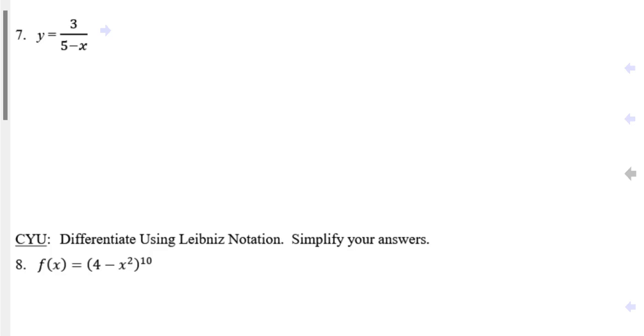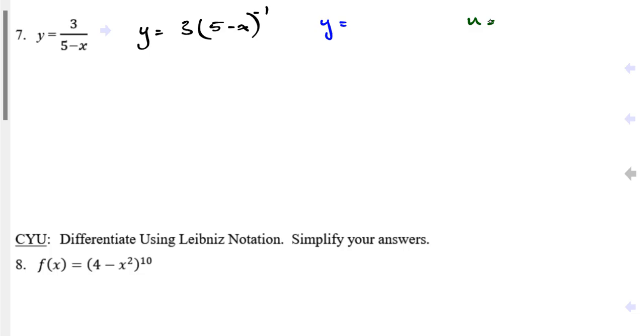So for this one, what I'm going to do, rather than using the quotient rule, is I'm going to think of this function as y equals 3 times 5 minus x to the negative 1. And then I want to think of what's my outside function, y is a function of u, and my inside function, u is a function of x.